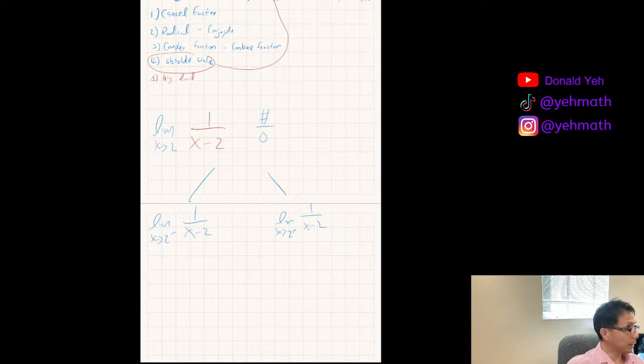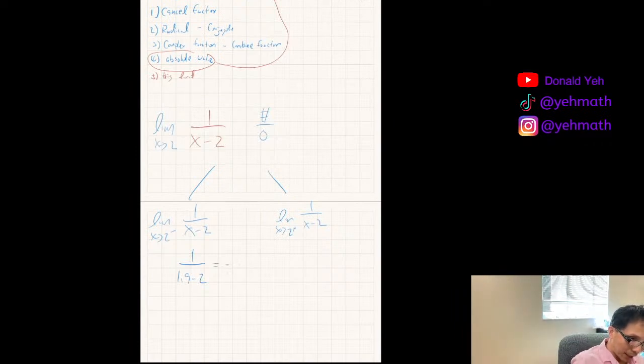So which number will I pick? 1.9. So it'll be 1 over 1.9 minus 2. Now guess what? I don't really care about the value, I only care about the sign. What do you think the final sign is going to be? Negative, because the top is positive and the bottom, 1.9 minus 2, becomes negative. So that's equal to negative infinity.